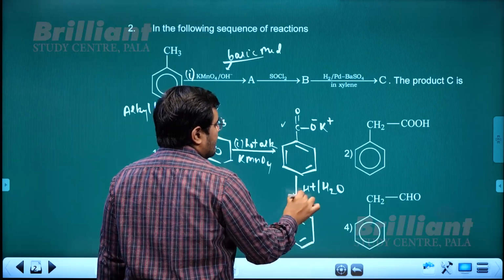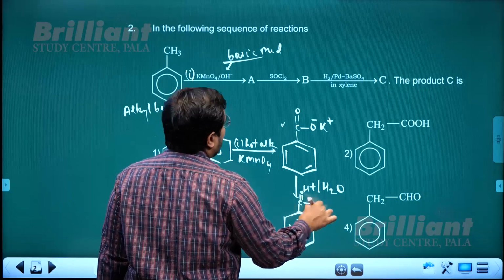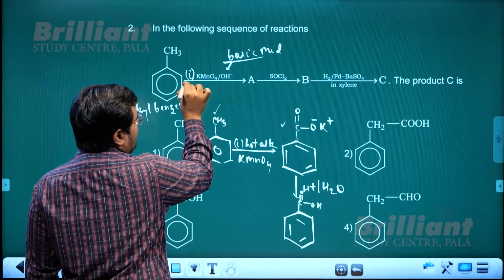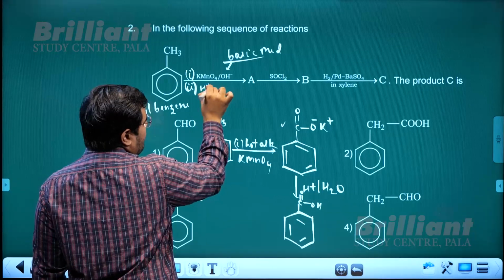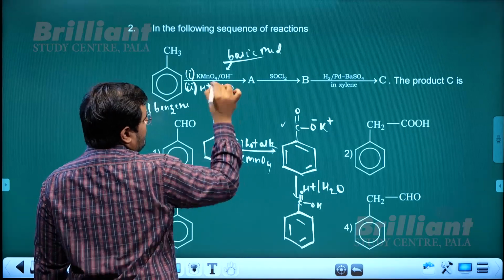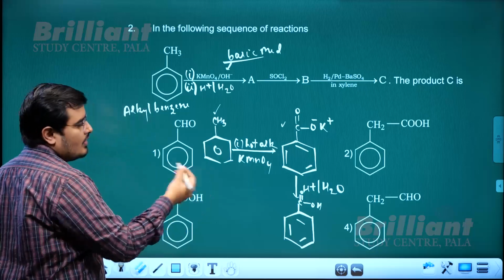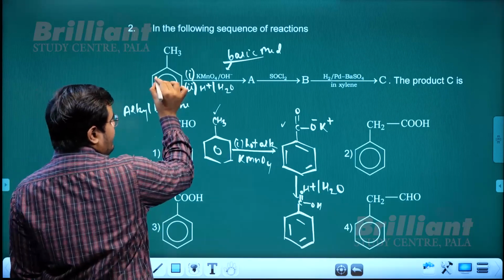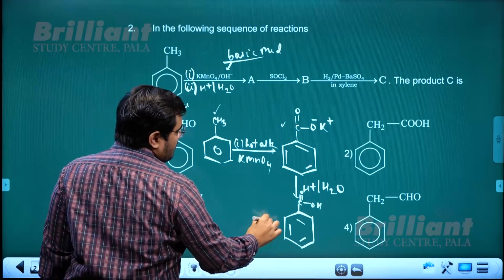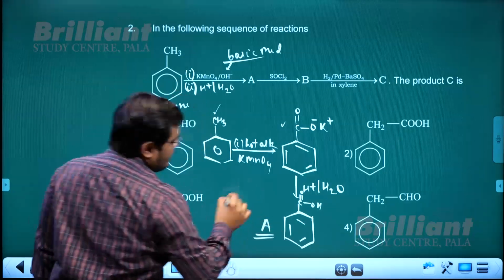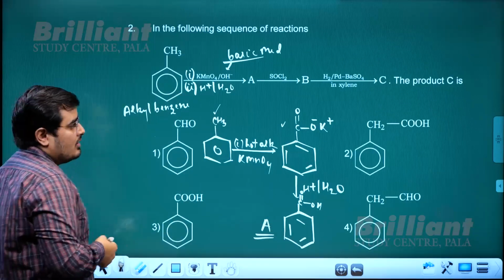So I can say there is a step missing here which you can add from your side, that is, after oxidation you will have to protonate it also to get benzoic acid. So we can say toluene is oxidized to benzoic acid using hot alkaline KMnO4. So this is our A.